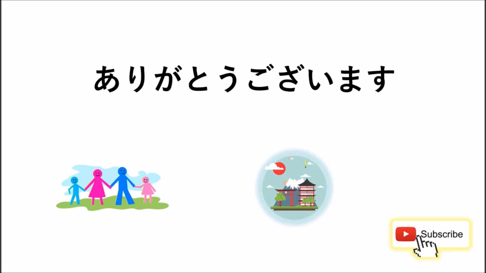So this is about how to use Baaiwa. It's very easy. You just remember when you use it with the i adjective or the plain form verb, and with the na adjective and the noun.